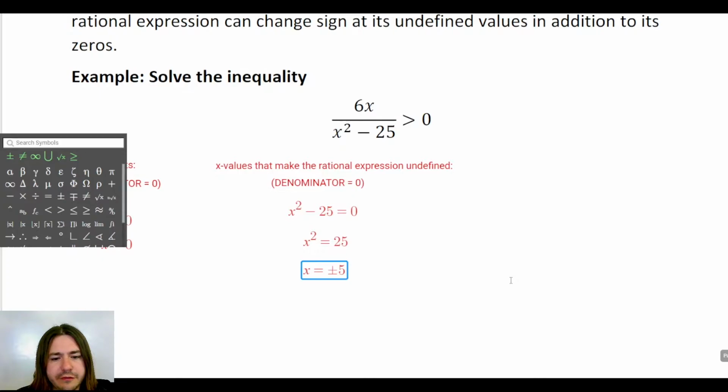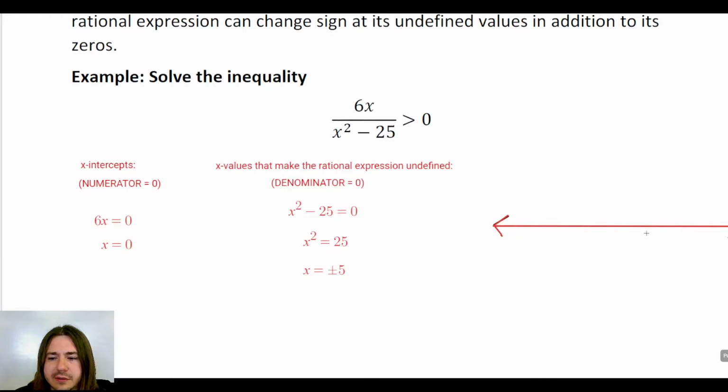So these three values, 0, positive 5, and negative 5, are going to be the three values that I draw on my number line. Those are going to be the only places that the function will potentially change signs. So I'm going to label those on here. Here's 0. Here's negative 5. And here's 5.